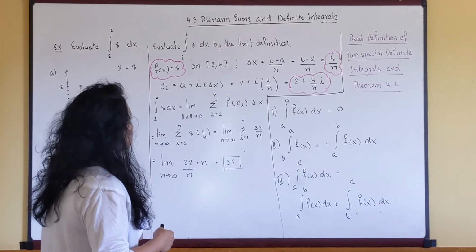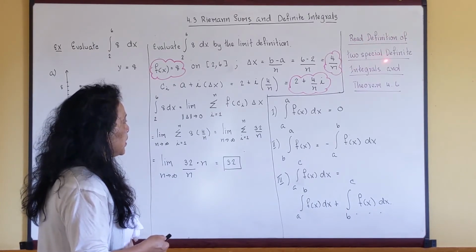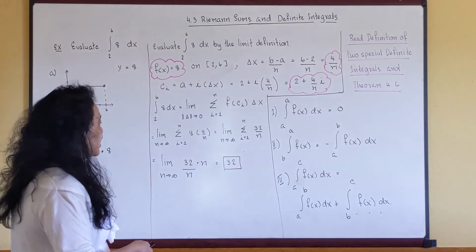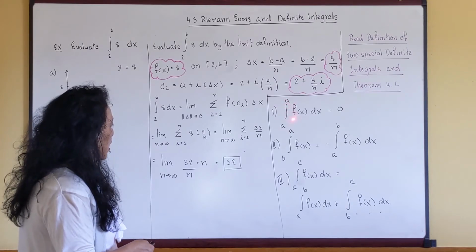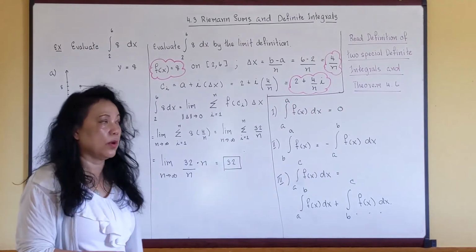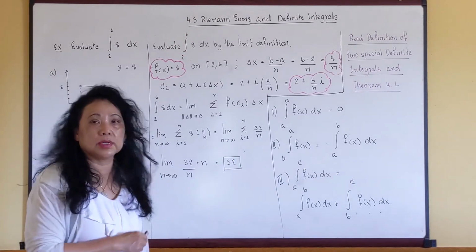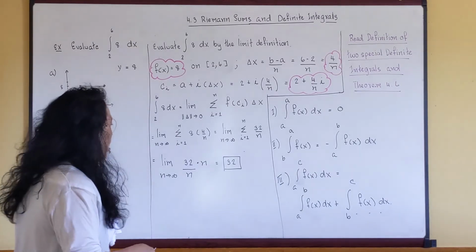So before the end of this section, I would like you to read the definition of two special definite integrals, which are these two. Basically, it says that if you take an integral from a to a, f of x dx, you're going to get 0. So if you have an integral from 2 to 2, or whatever that is, you're going to get 0. Basically, it's just one spot. You don't have area.